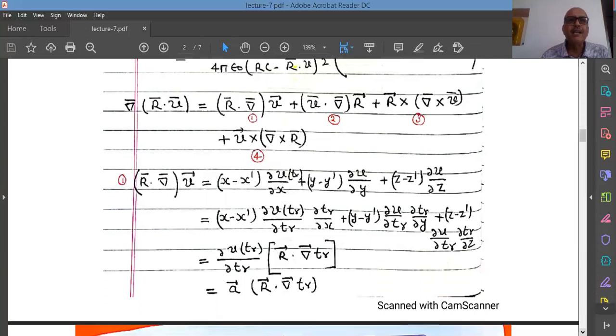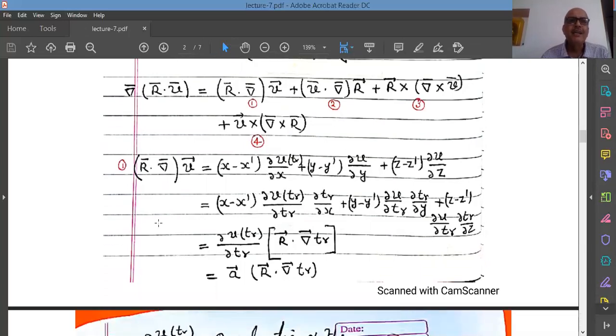Now we start with the first term, R dot del into v. What is R? It's the R vector, which is the small r vector minus r dash vector. So that is (x minus x dash) i cap plus (y minus y dash) j cap plus (z minus z dash) k cap. And del is del over del x, del over del y, del over del z, all three components.